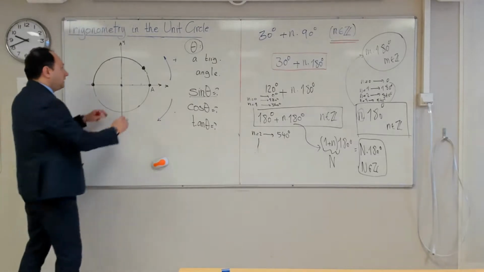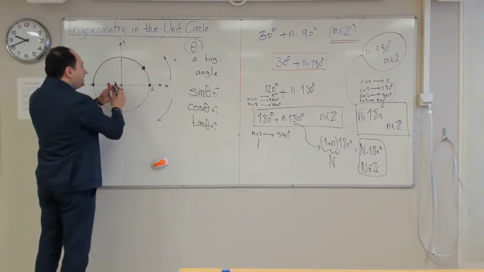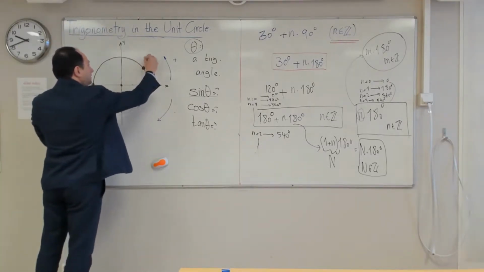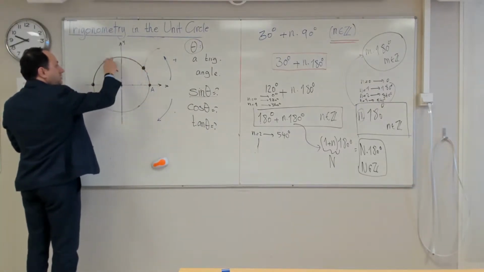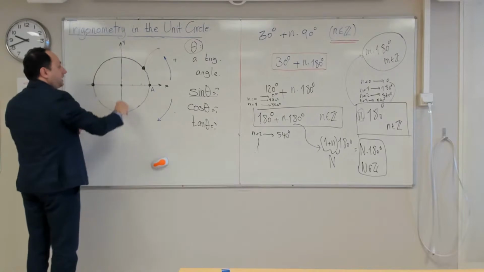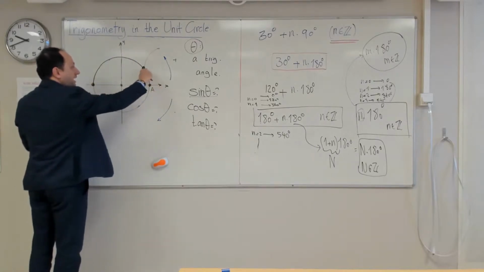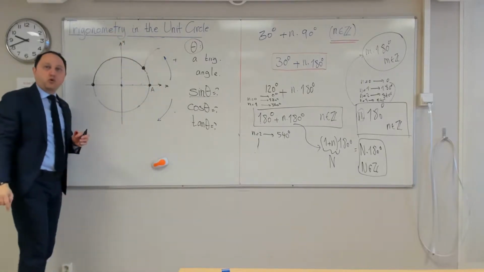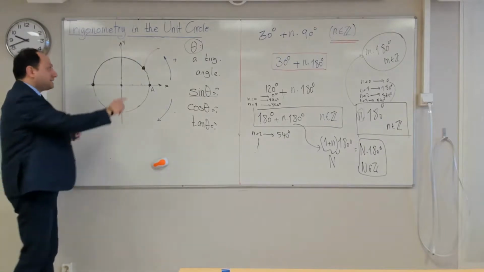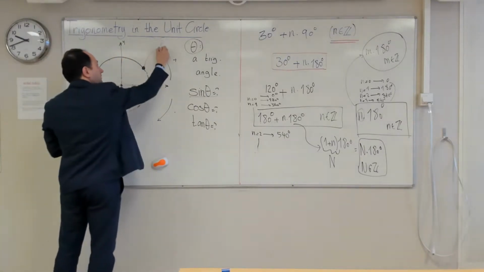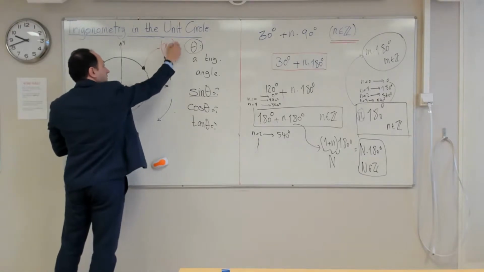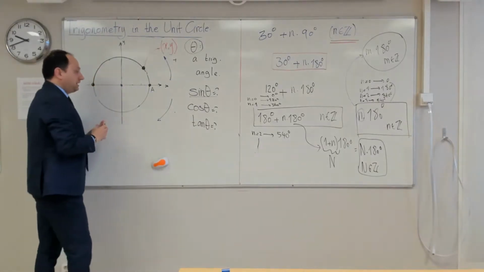Then this point, don't look, now forget this unit circle. You are left with a coordinate system and you are left with one single point. That point has two coordinates, x and y. And then it is simple.